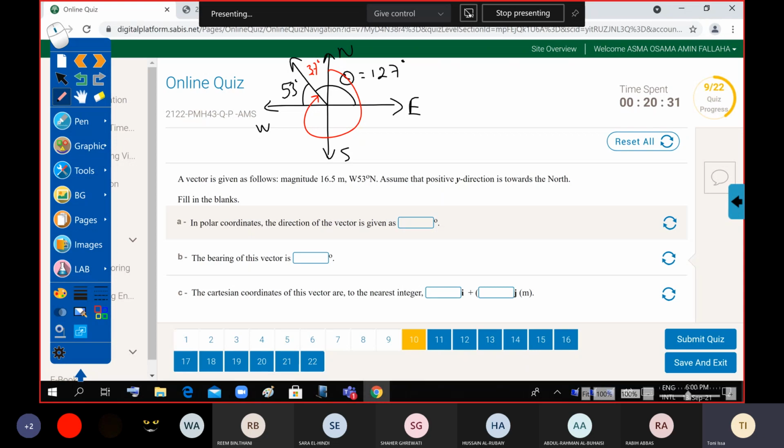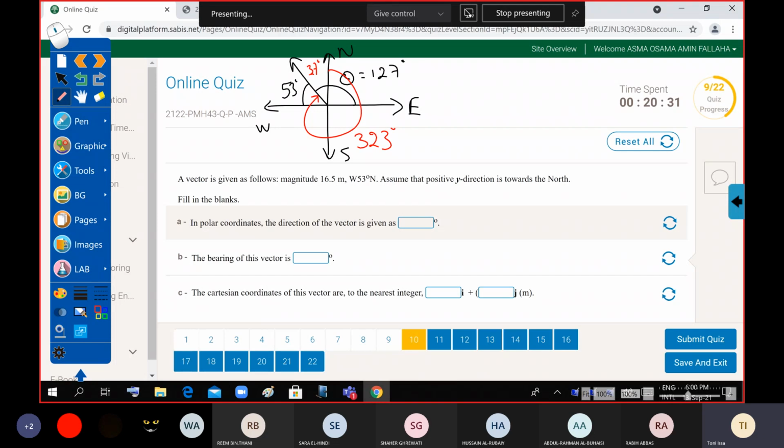So it will be 360 minus 37. You will get 323 degrees. Okay, so I will repeat. If I subtract 53 from 90, 37. So the whole thing is going to be 323 degrees.